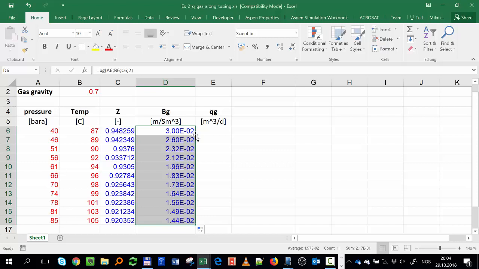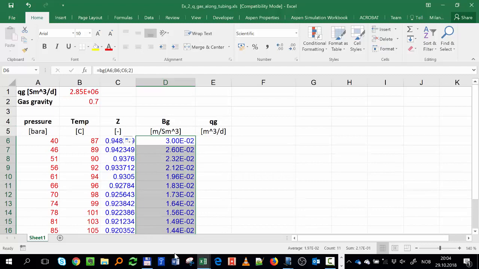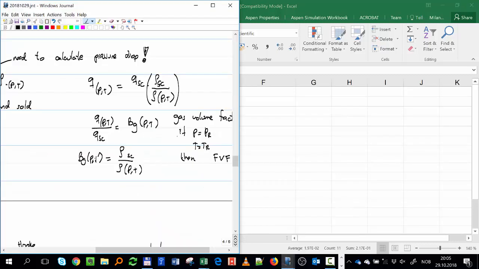Now for the last step, how do I calculate the local rate? The same way. Multiply, divide. Multiply what with what? We said that Q at any pressure and temperature divided by this guy is Vg.